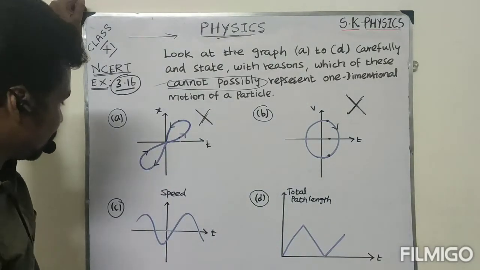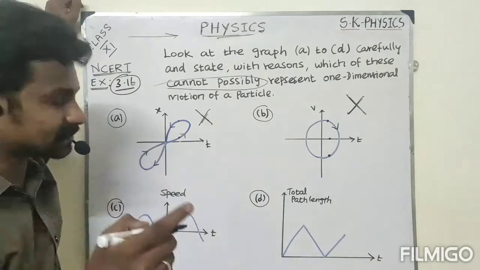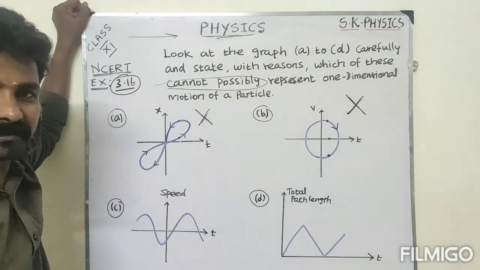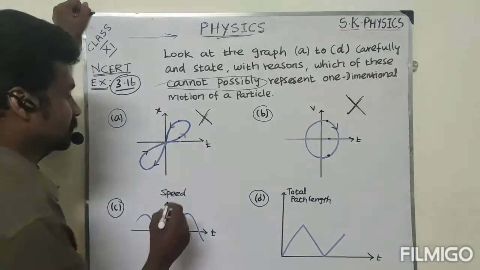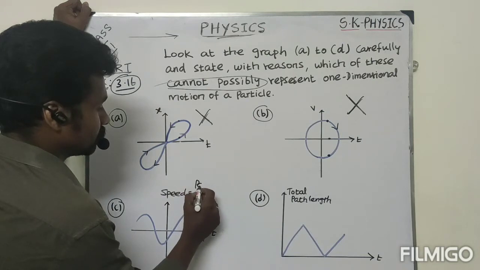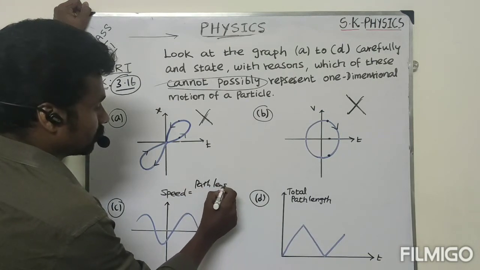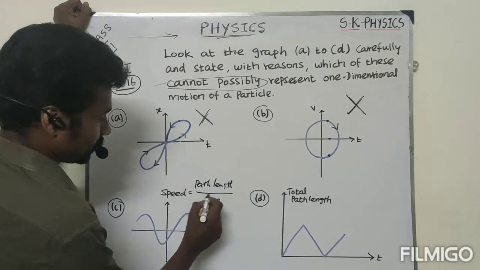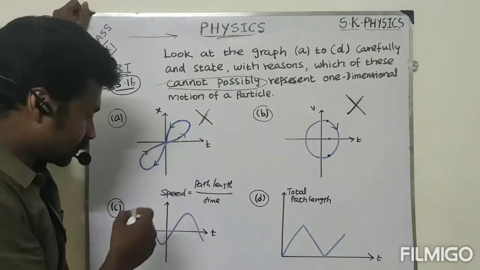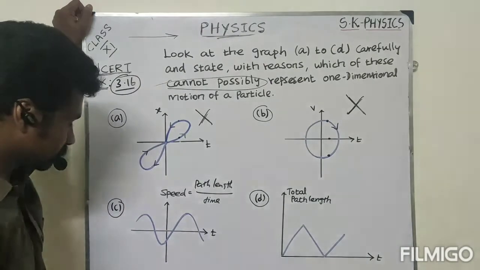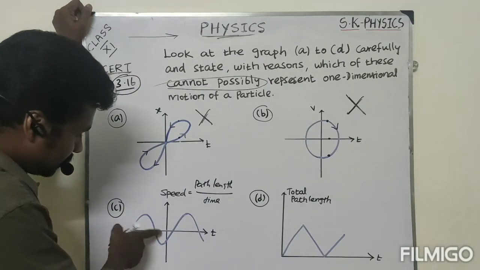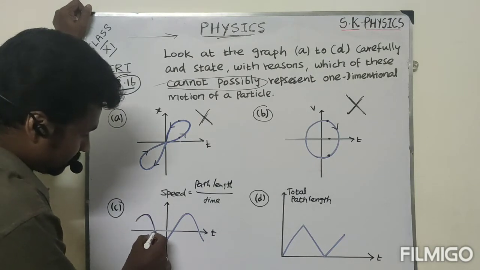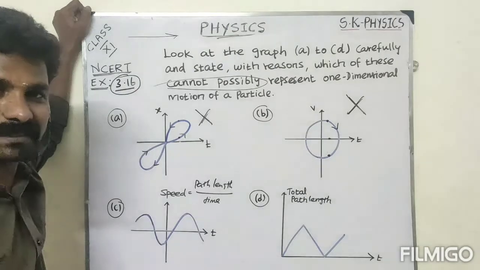Right, the next one: there is a relationship between speed and time. You know very well, speed is equal to path length or distance divided by time. But if you focus here, the speed is in the negative.